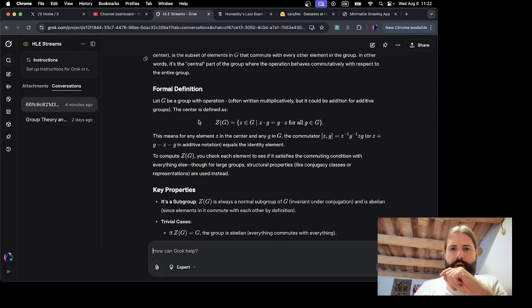Let G be a group with an operation, often written multiplicatively, but it could be addition for additive groups. The center is defined as all the elements z in G such that z times g equals g times z for all g in G. Okay. Why is it called center though?